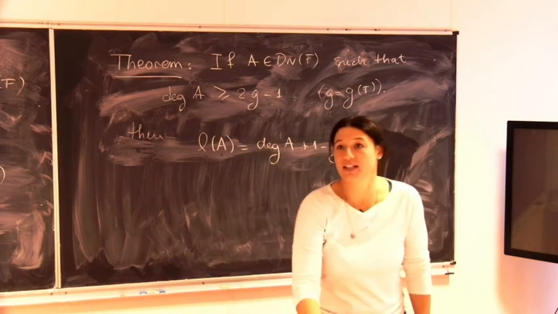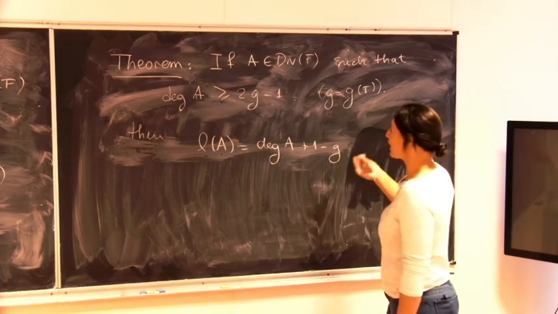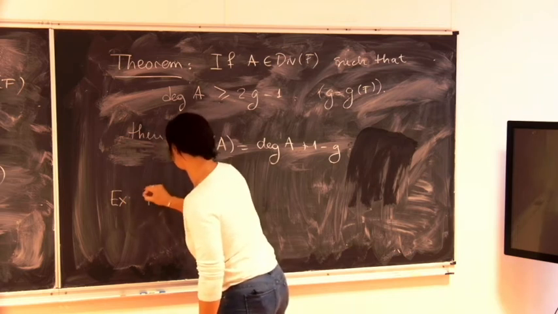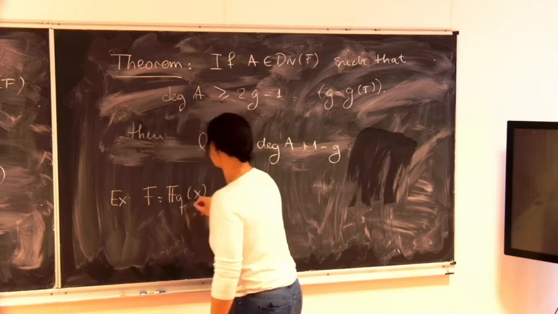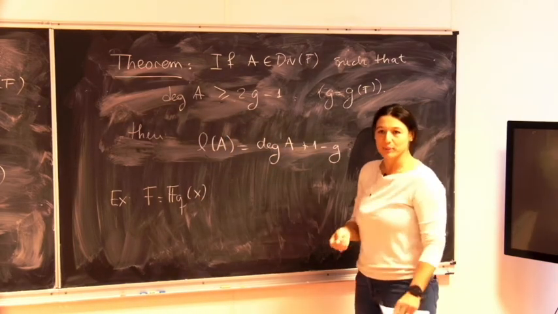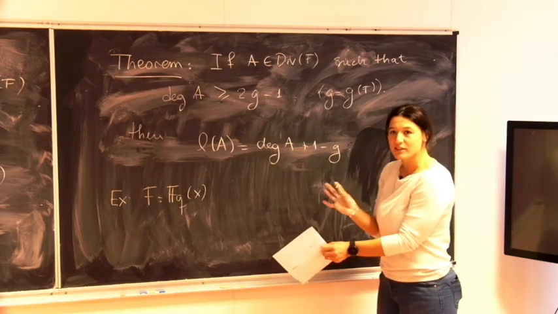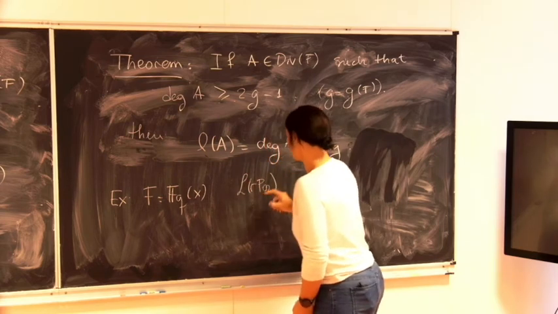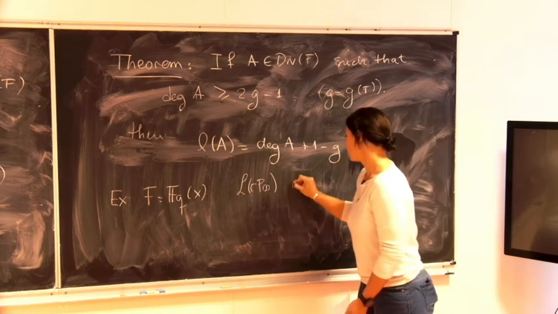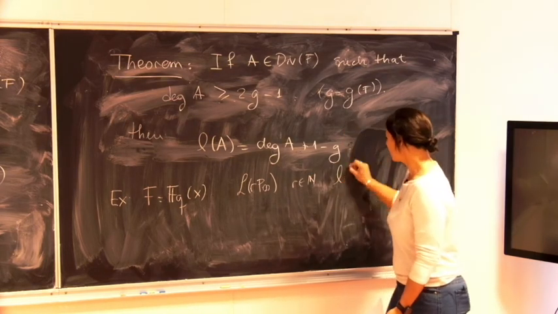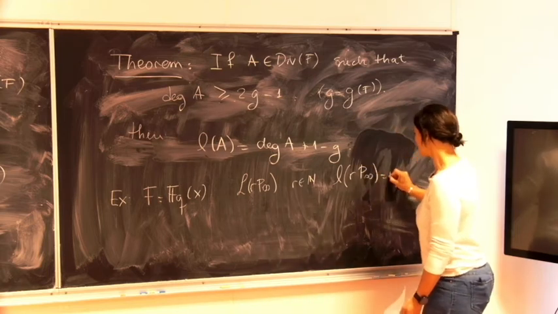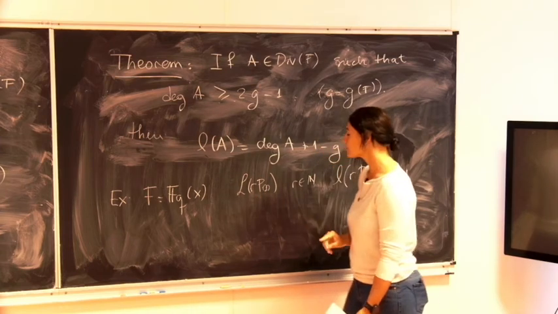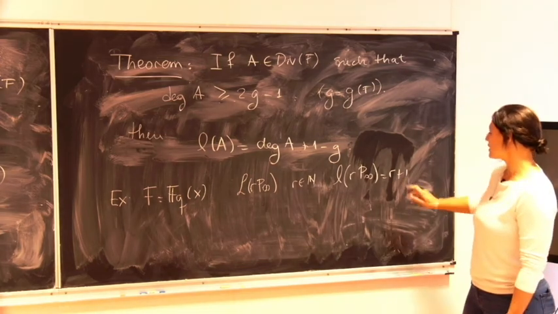And if I want to create an example of this, I could always go to our much beloved rational function field, F_q, and there, well, we can do this for any divisor, but since we have computed already the Riemann-Roch space of the divisor R times P infinity, with R a natural number, we know that the dimension of this space was R plus 1, because this was the space of polynomials of degree up to R. So the dimension is R plus 1.